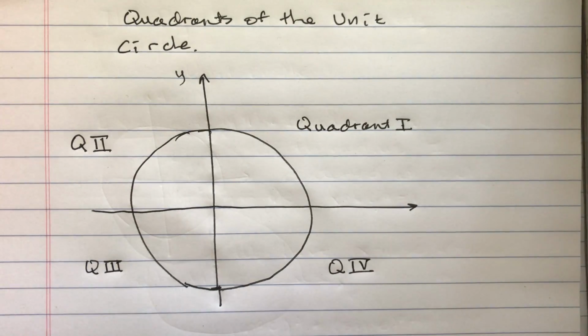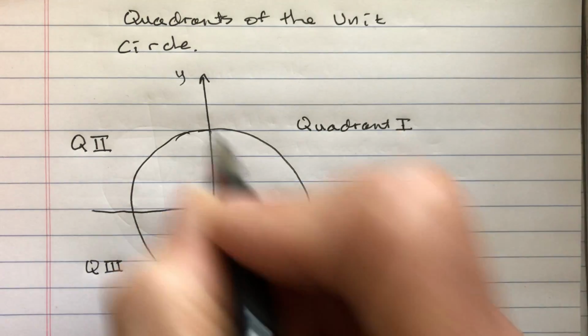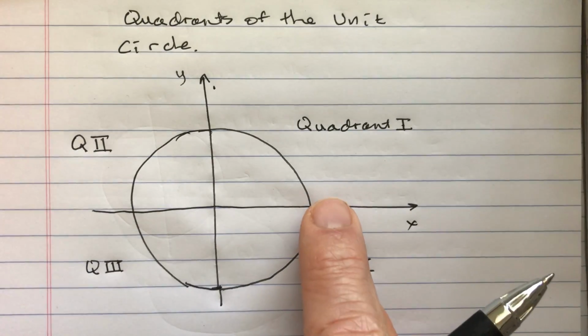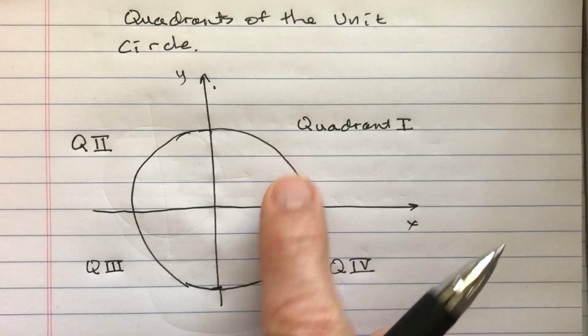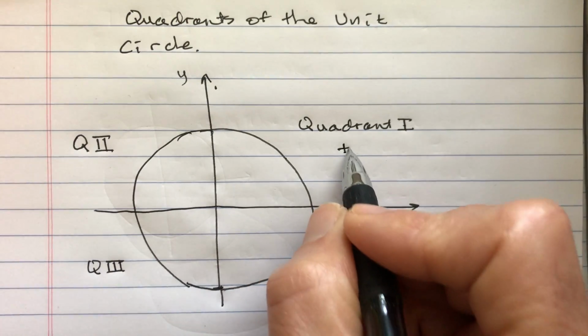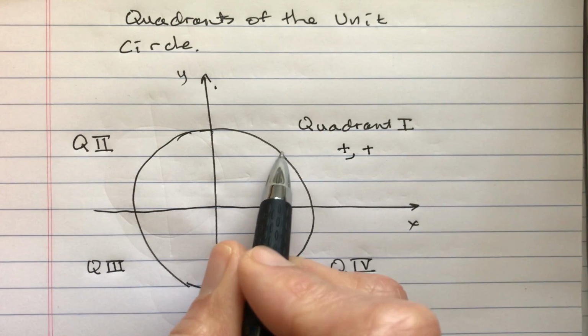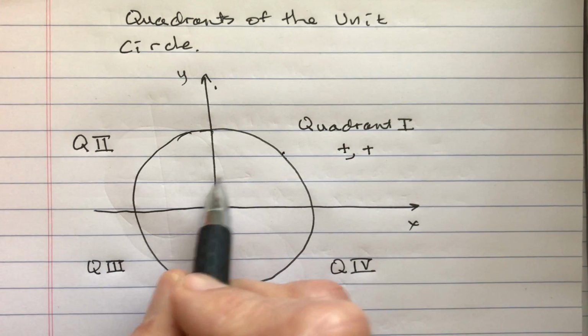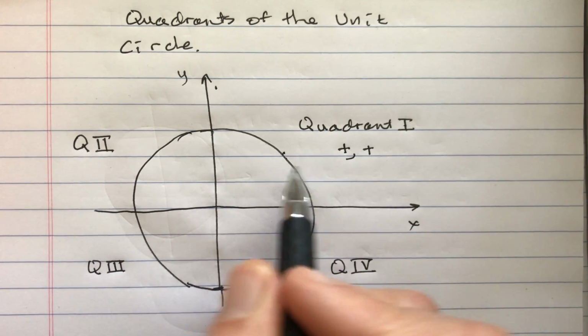Okay. Now, if you look at a point, this is X and Y. If you look at a point XY in quadrant 1, they're both going to be positive because you're moving to the right and you're moving up.